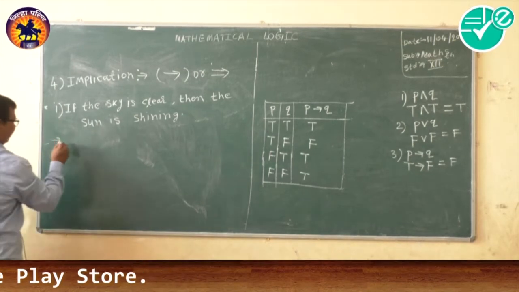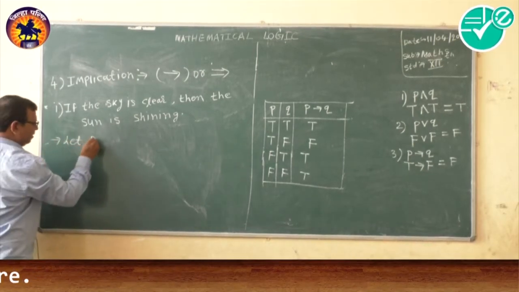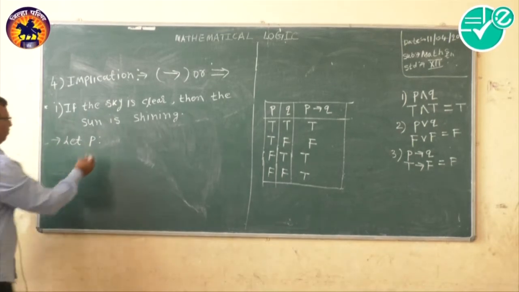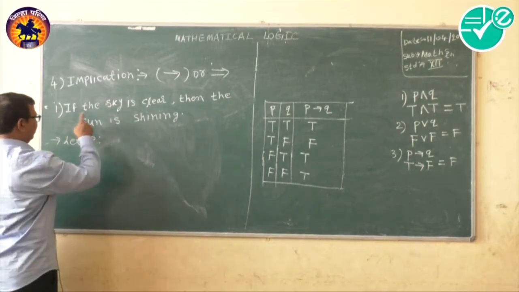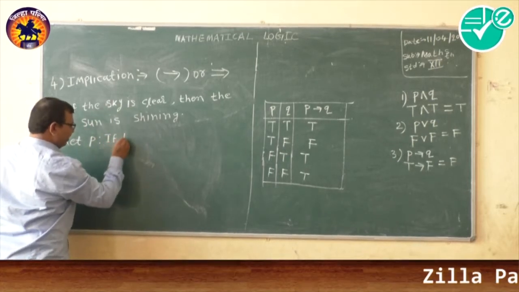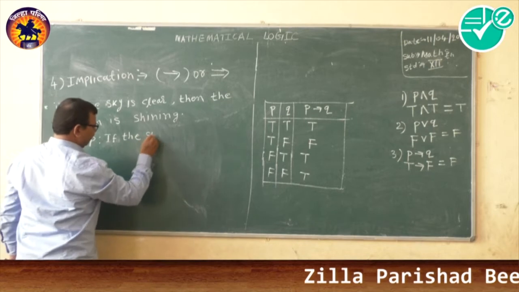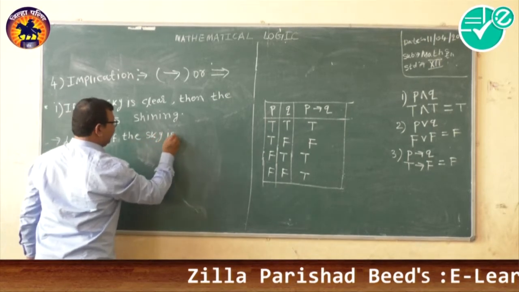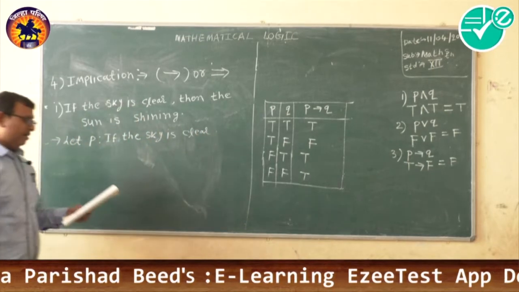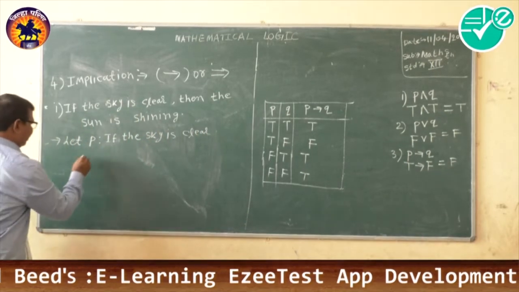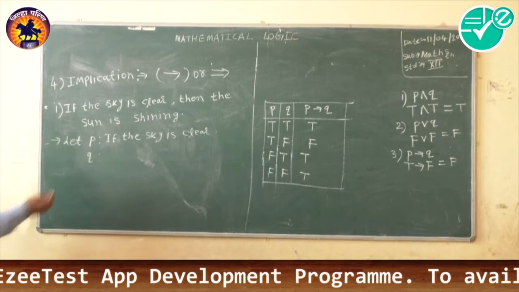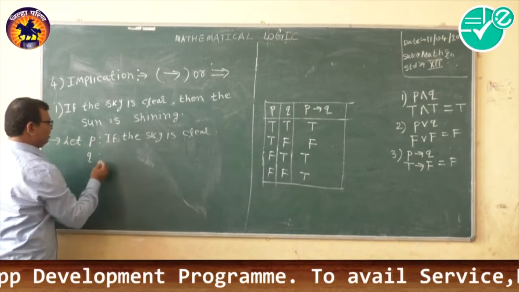Now we can say, let P be: the sky is clear, then Q: the sun is shining.